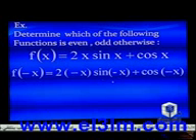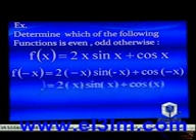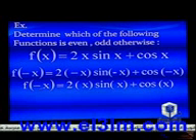Sine negative x equal negative sine x, so there will be a negative outside. This negative multiplied by this negative. And cosine negative x is equal to cosine x. Therefore f of negative x equal negative multiplied by negative of sine, it is positive.